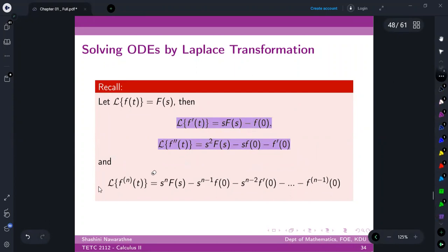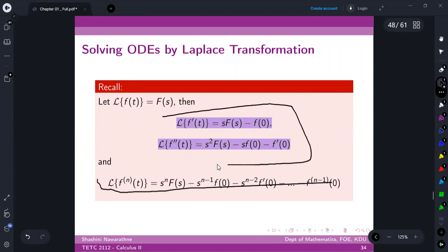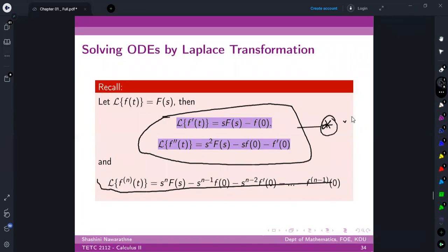You don't need to proceed with this general statement. We are only going to use these two expressions, so be familiar with them. Let's see how to apply these two expressions to solve differential equations.